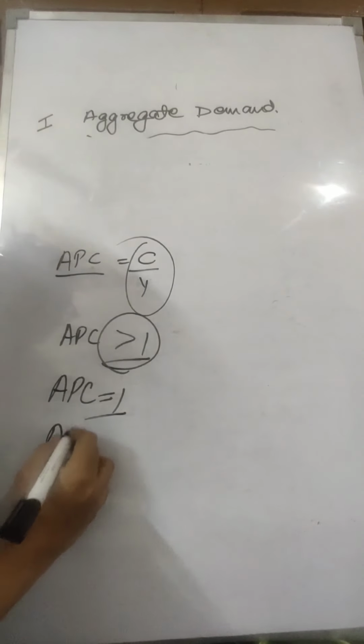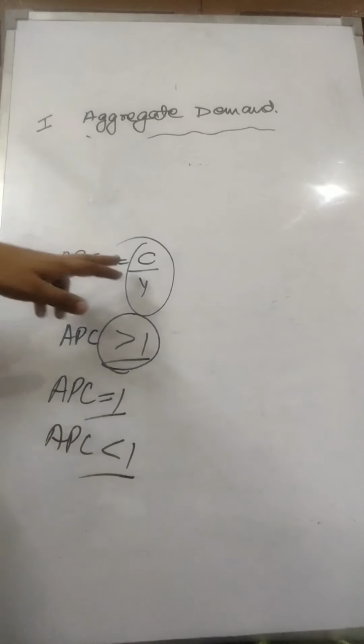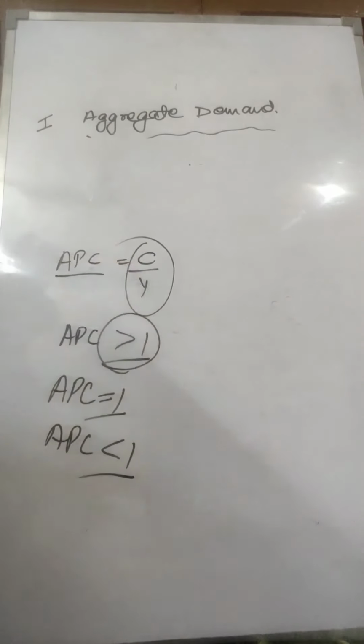Third, your APC can be less than 1 also, because your income can be greater than what you're consuming. For example, the poor section has more consumption than their income. Whereas if I talk of middle class people, their consumption is equivalent to their income only.